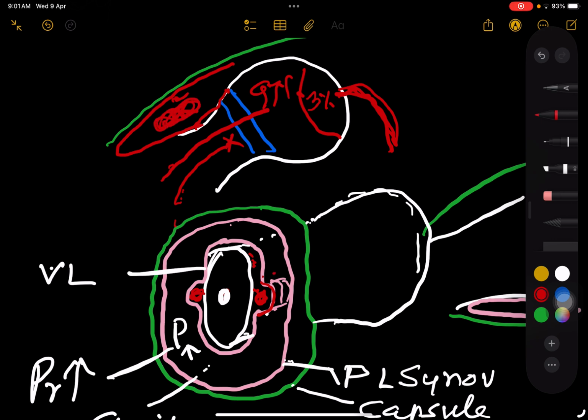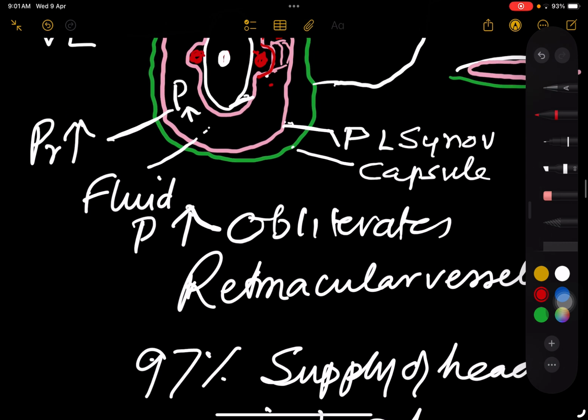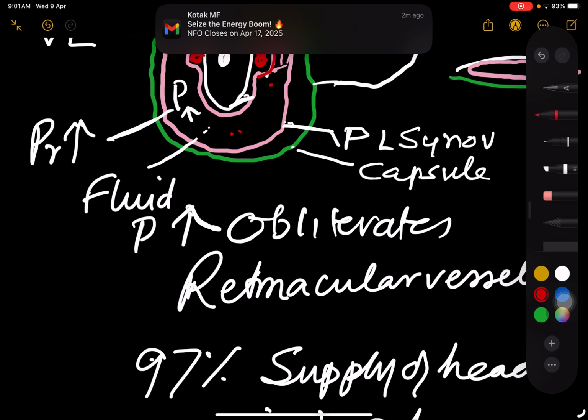These retinacular vessels will get compressed. So will the artery of ligamentum teres, and the head will become avascular, at least for the time being, till there is increase in pressure in the synovial cavity. This is called the tamponade effect.